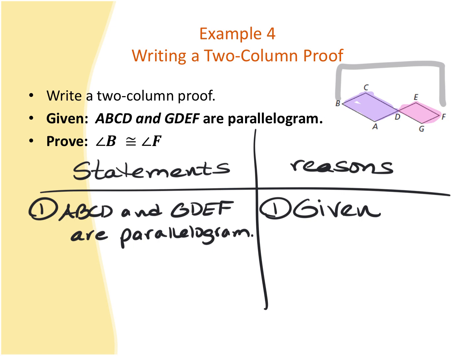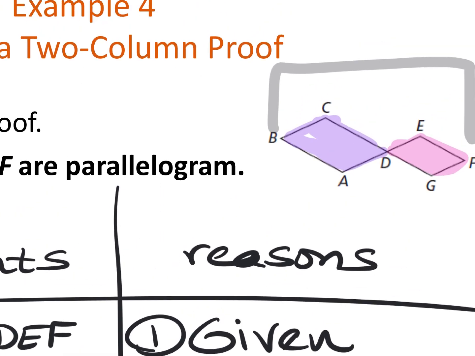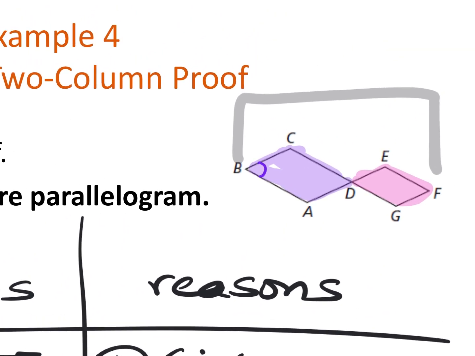So the first thing I'm going to do is use one of the theorems that I just covered. Because I'm trying to show some angles are congruent, the theorem I'm going to use is the parallelogram opposite angles theorem. Because what I can state is that this angle B is congruent to this angle here. And I can't just call it D. I have to use 3 letters, and I'm going to call it CDA, or I could call it ADC, just as long as D is in the middle.